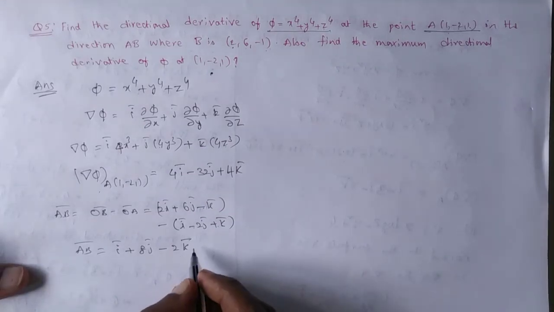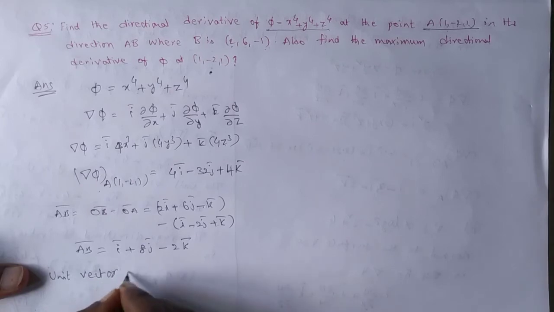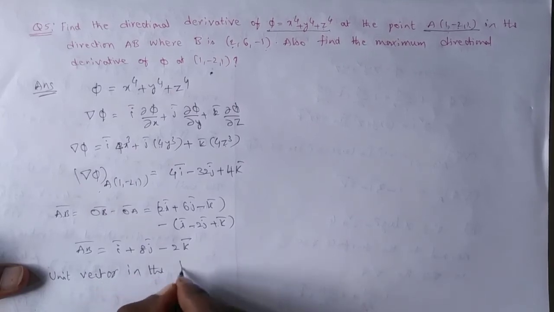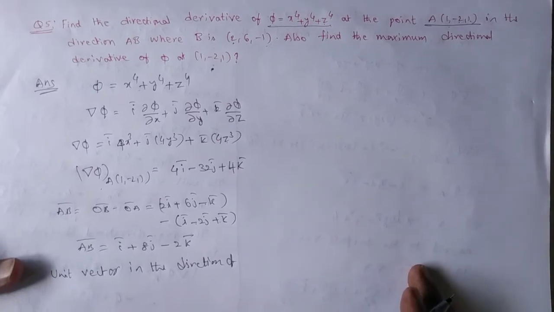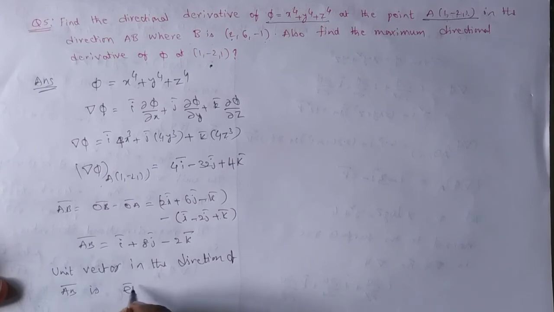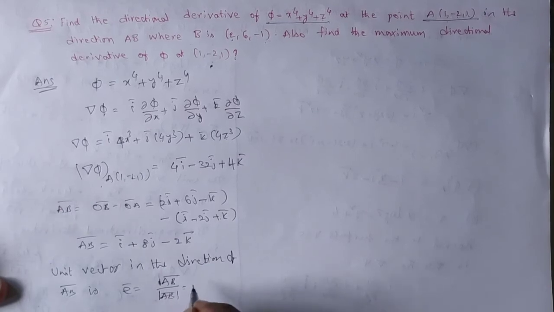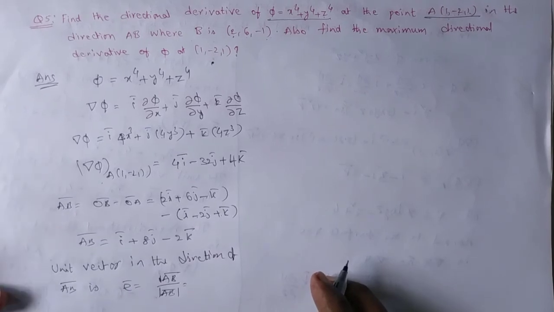Now what we want is the unit vector in this direction. So the unit vector in the direction of AB bar is e bar equal to AB bar by the magnitude of AB bar. So we can have the value here.